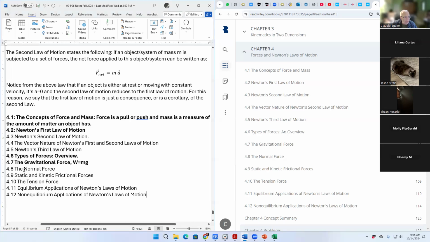Okay, so let's highlight what we have already covered. Those. That would be here the examples, examples that we did in the class for the first law. Look how much stuff we already covered, right?